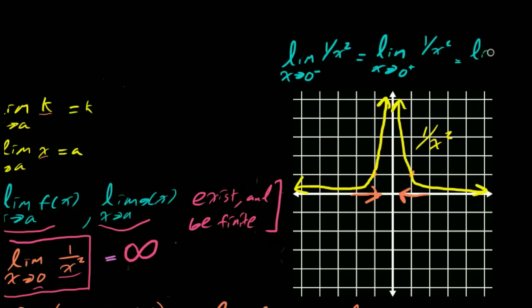So that was just equal to the overall limit, x approaches 0, 1 over x squared. And that all of these went to infinity as x got really close to 0, regardless of the direction we approached from.